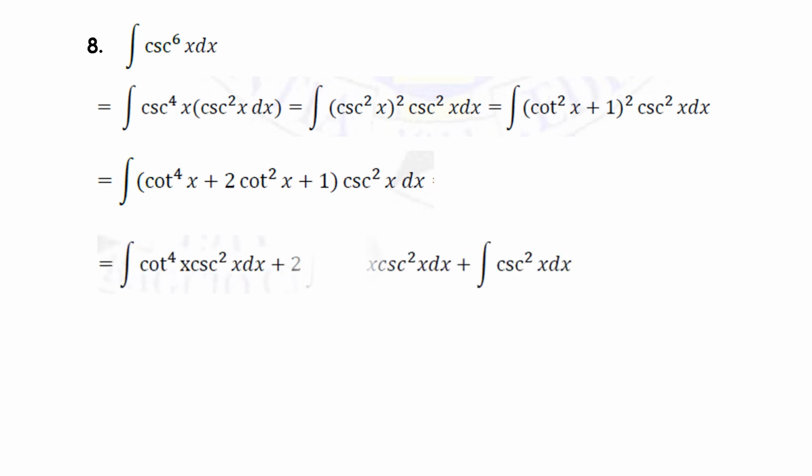And we expand further. Expanding, that will be the integral of cotangent raised to 4 of x cosecant squared x dx plus 2 times the integral of cotangent squared x cosecant squared x dx, and the last term will become the integral of cosecant squared x dx.